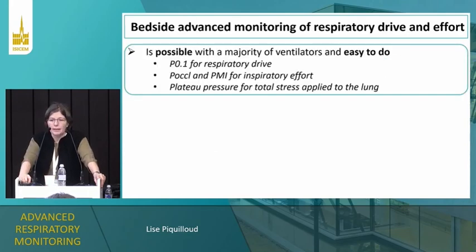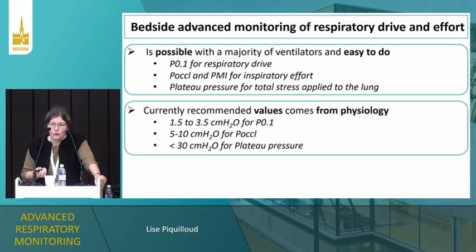Then bedside advanced monitoring of the respiratory effort using only your ventilator is possible. PO1 for respiratory drive, occlusion pressure and PMI for inspiratory pressure, and plateau pressure for assessing the stress applied to the lung. The currently recommended values come from physiology, normal subjects.